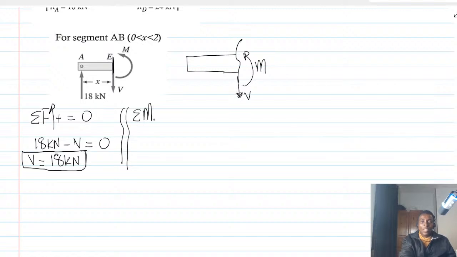So summation of moment about, let's say, point E, clockwise is positive, should be 0.